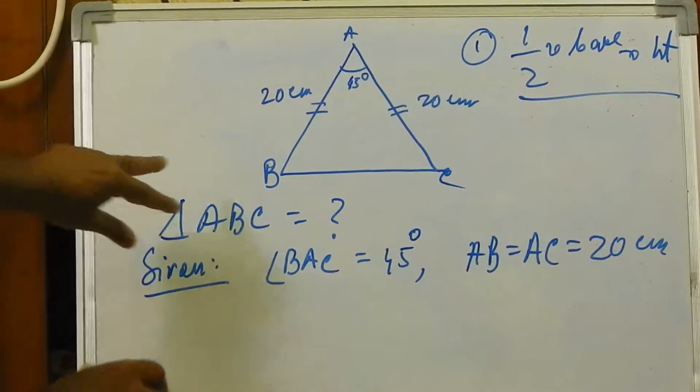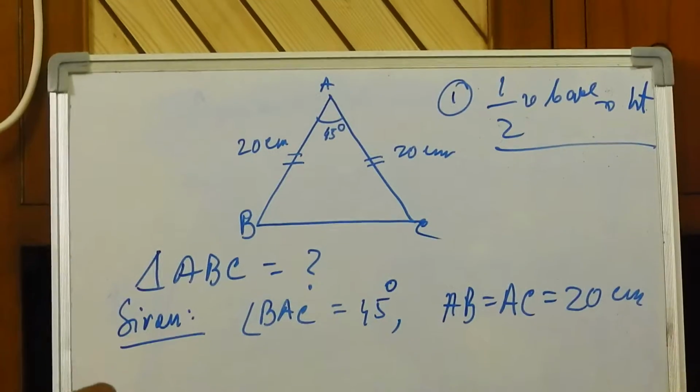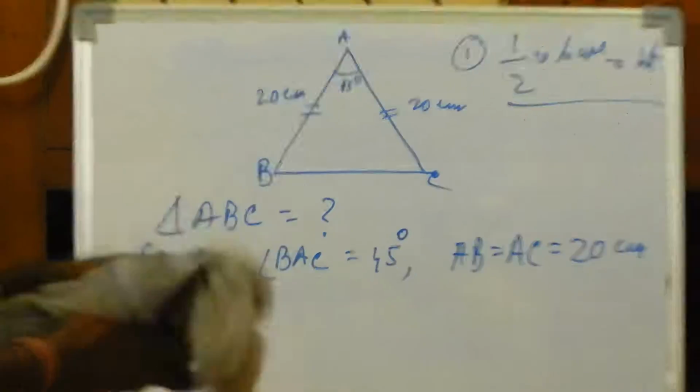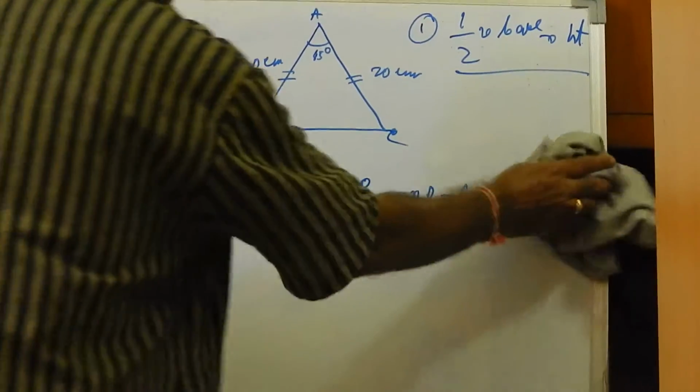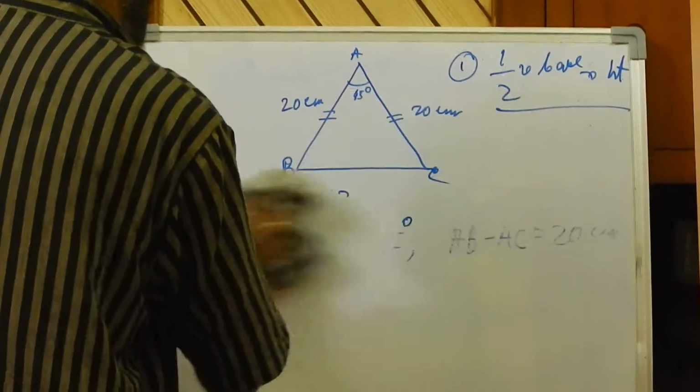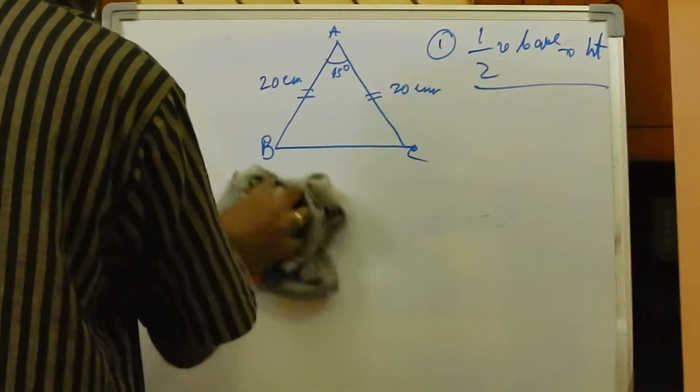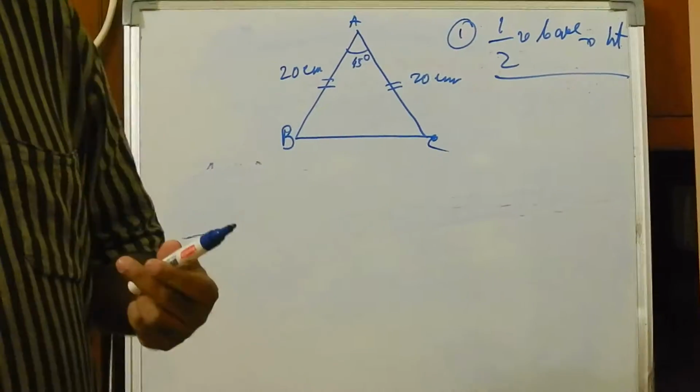That is given, and we have to deduct this area of the triangle ABC. And whenever area is needed, I told you just now that we need height and base.